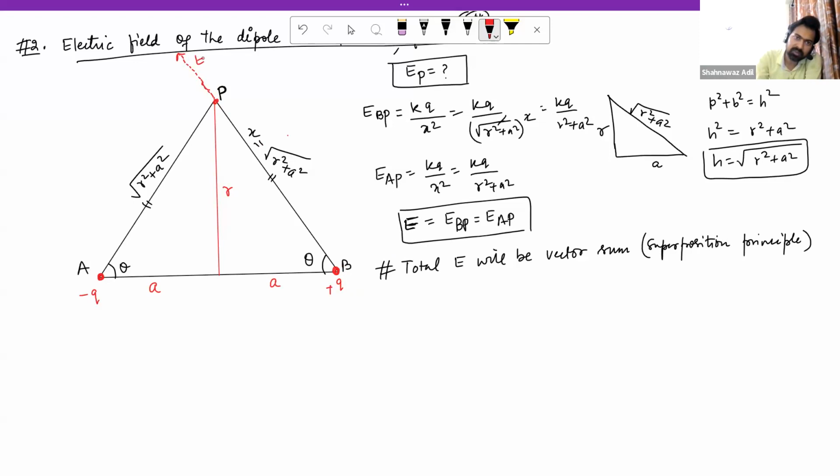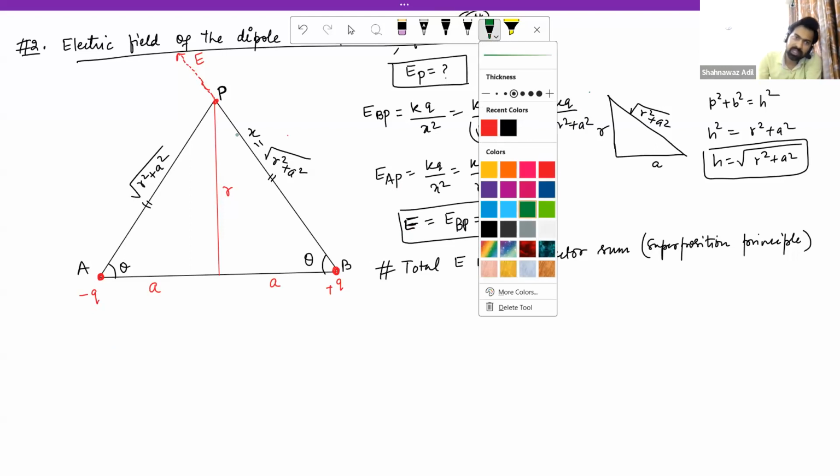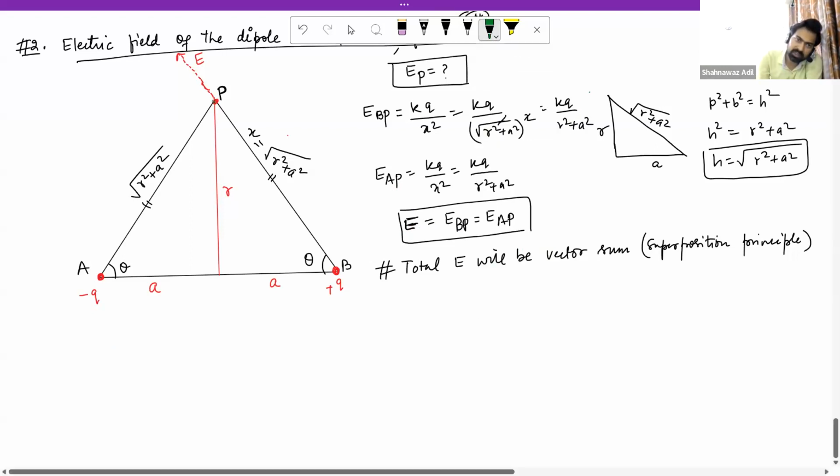I'm writing E because this has the same magnitude as the others. This is the electric field. Now, due to this minus Q, the electric field is towards its direction.